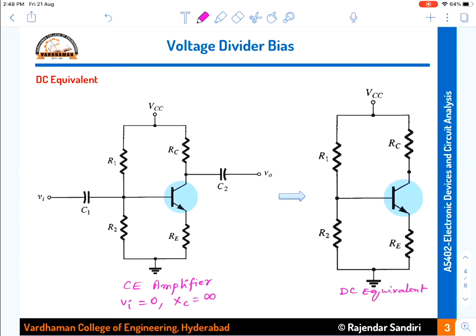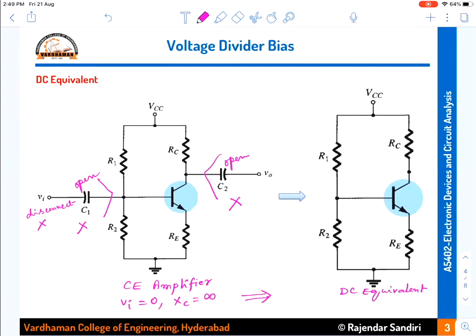By applying these two, we get the remaining circuit as the DC equivalent circuit. So this portion of the circuit is removed by making these capacitors open, and by disconnecting the AC input signal. Then you will get the DC equivalent like this.